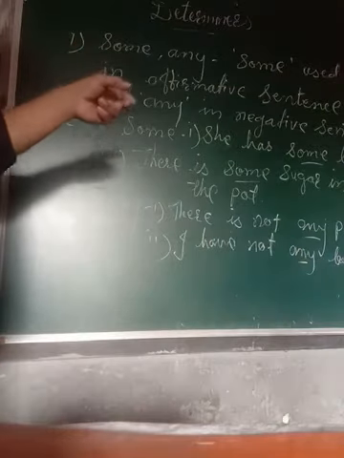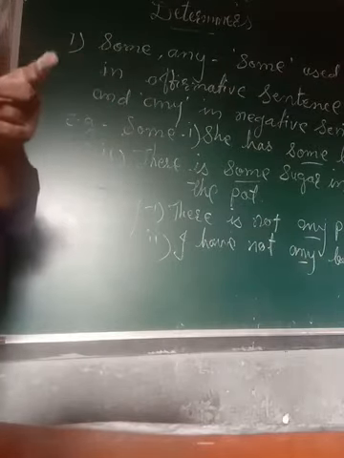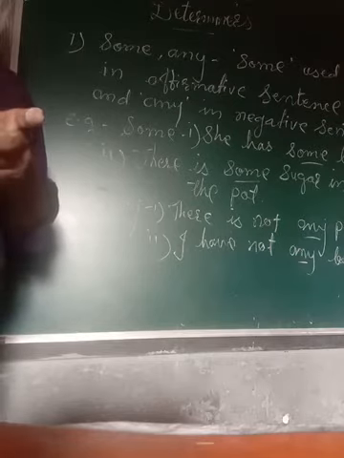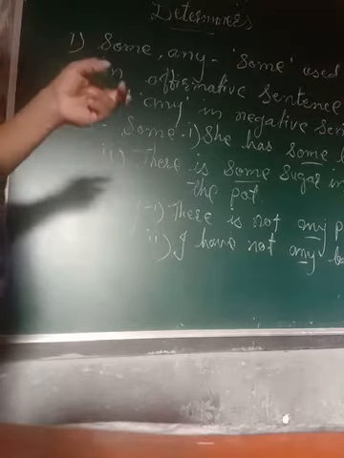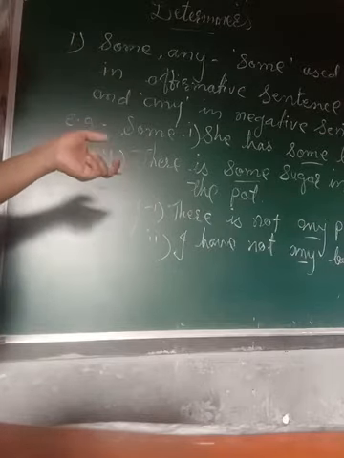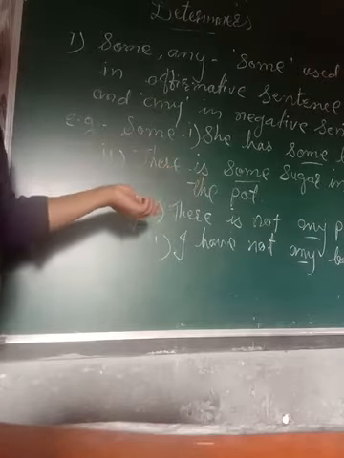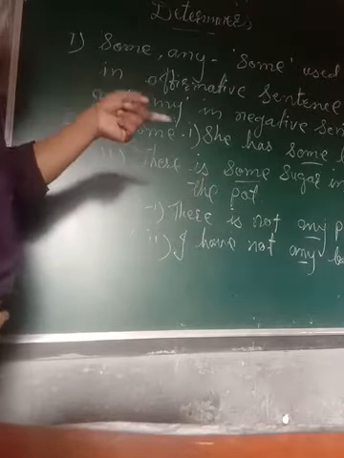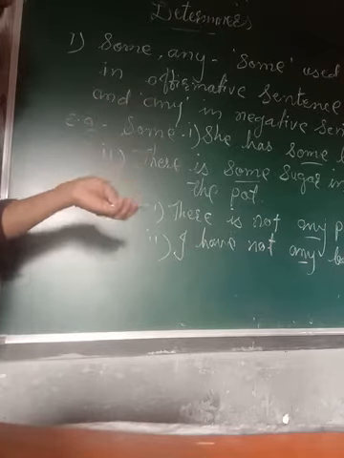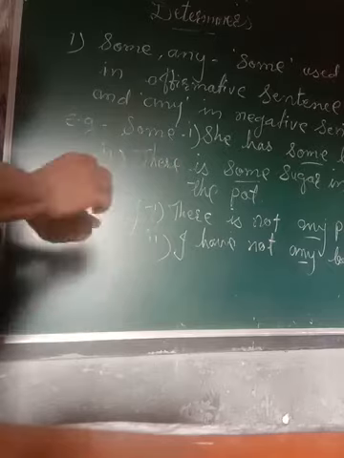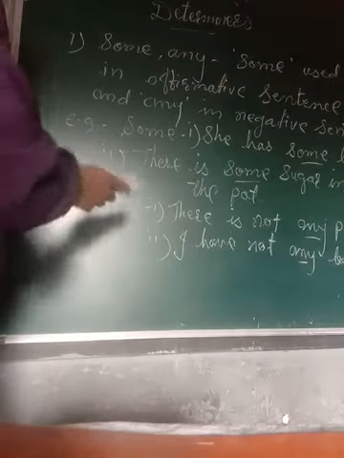This difference should be remembered and noted down. Means some is used in affirmative sentences and any in negative sentences. As mentioned, any here qualifies the noun pens in the first sentence, and in the second sentence any qualifies books.